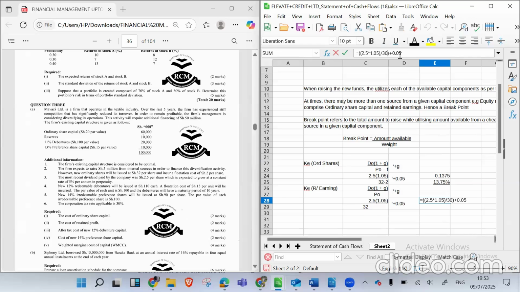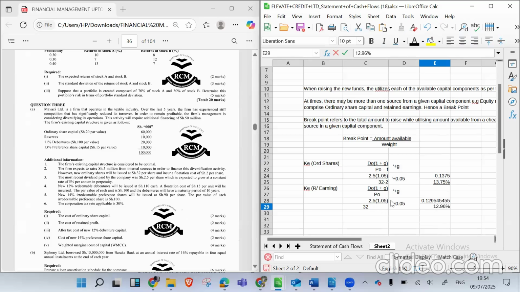So this divided by 32. Is it 12.96? I'm getting a different figure.